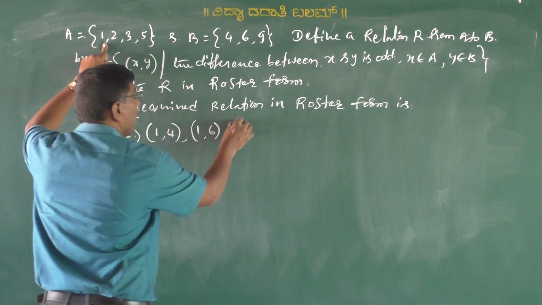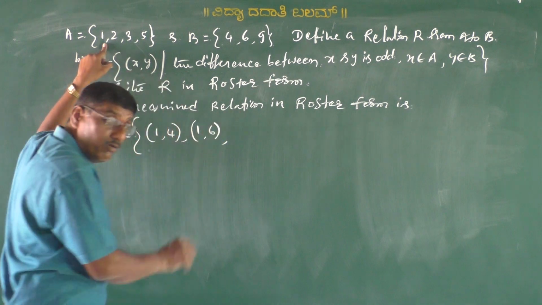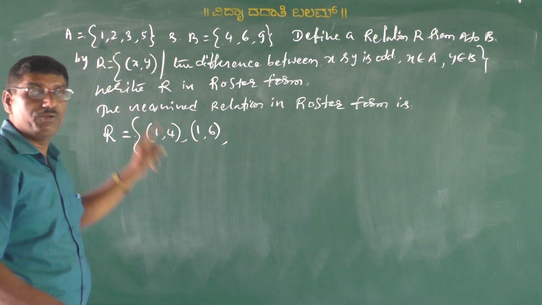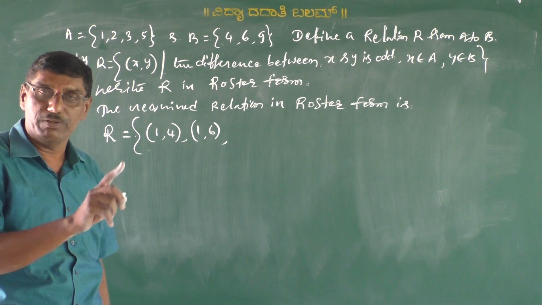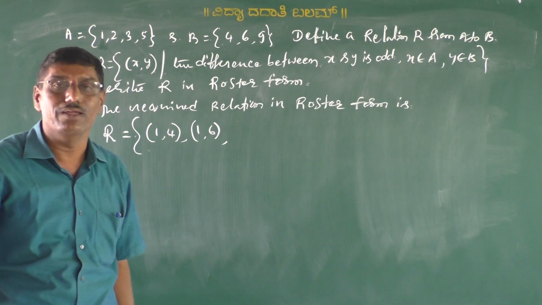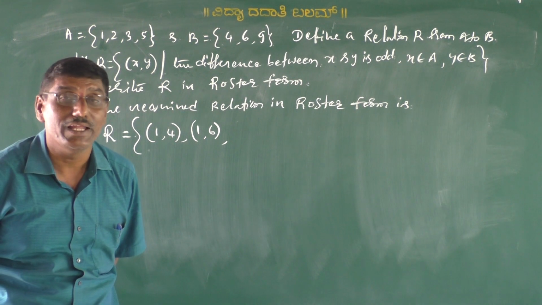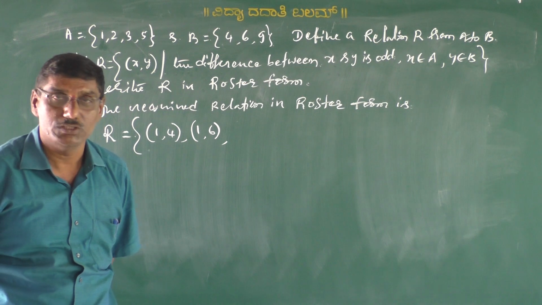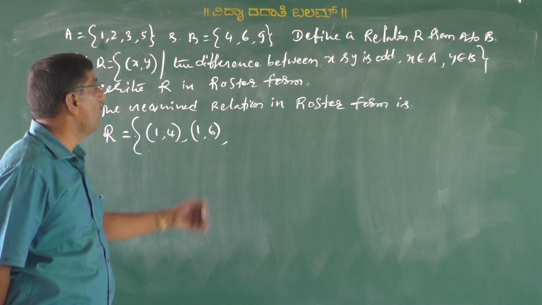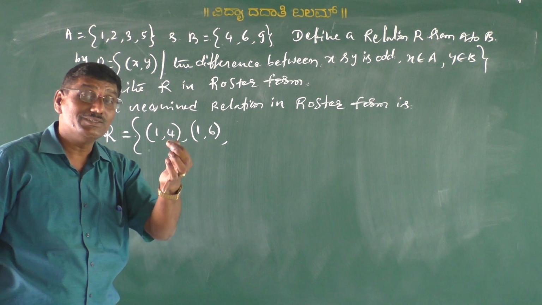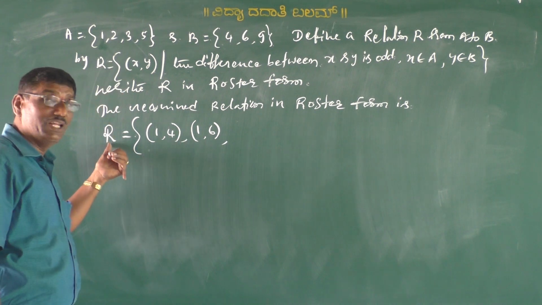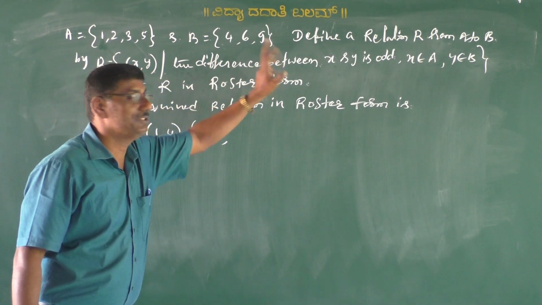Next, 1 comma 9. Is it? No. Why? The difference between 1 and 9 is 8. 8 is even, which is not possible. That means the ordered pair 1 comma 9 does not belong to this relation under this condition.